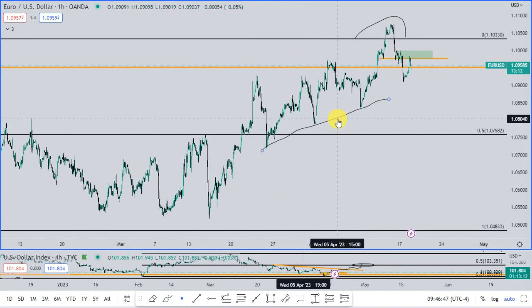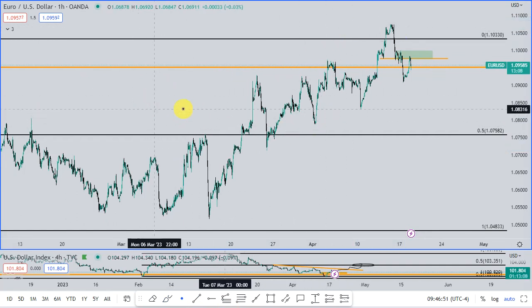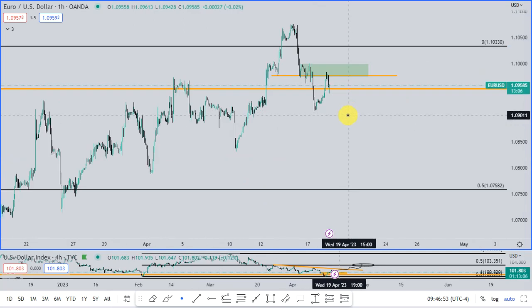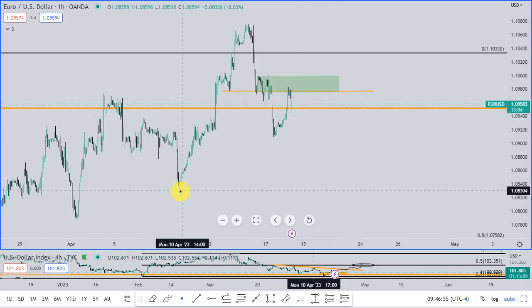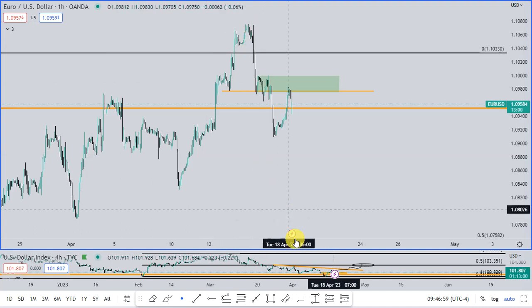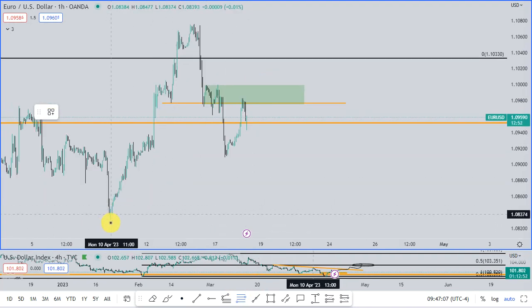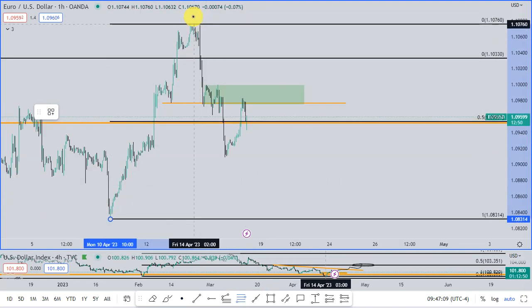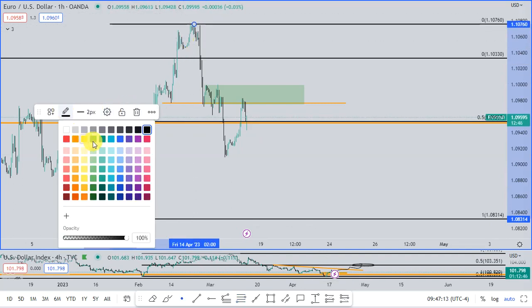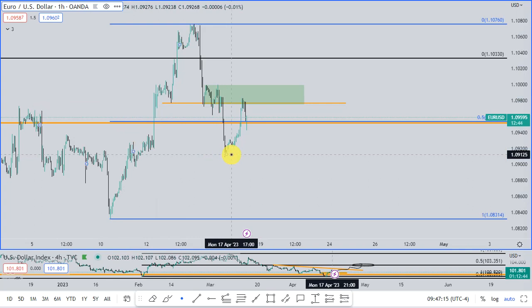And one thing more I want to add is that the last up move is this one. The last bullish leg, this was the low, this is the high, so I take it to form a range. Change the color into blue.